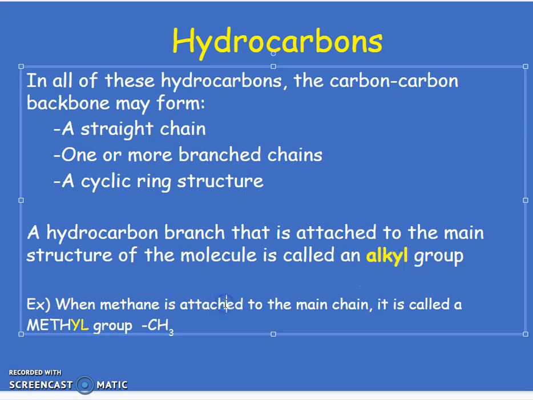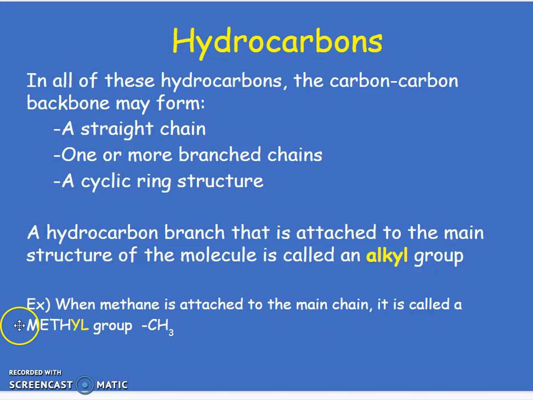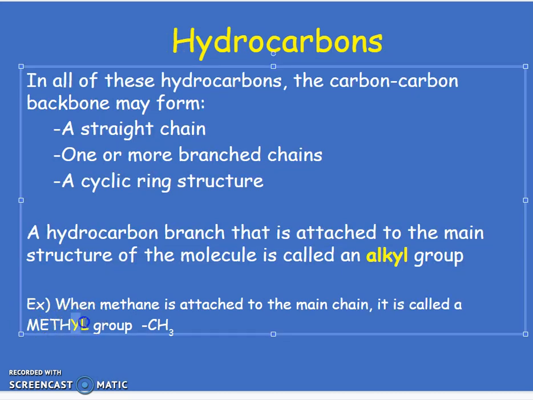So when you have a branch, we don't just call it, let's say, ethane. The ethane, going back to this, is the parent name. The ane ending is for the main parent. As soon as you have a branch, you now have the ending of yl. So alkyl ends in yl, so does the branch.